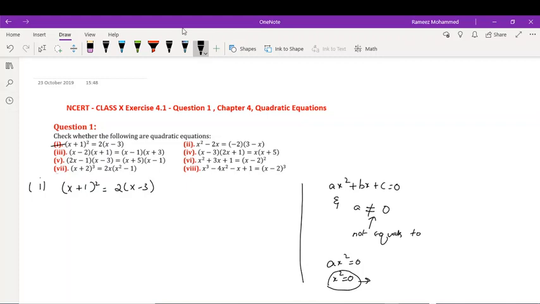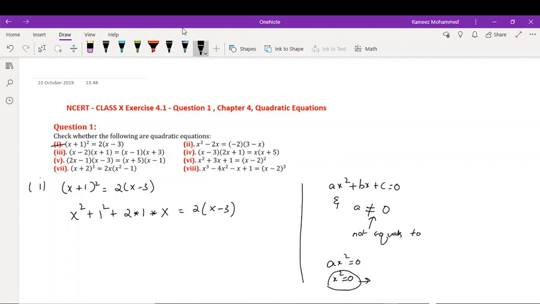Okay, so what is (x plus 1) whole square? It is nothing but x square plus 1 square plus 2 into 1 into x. The formula for (a plus b) whole square is a square plus b square plus 2ab. That's what I have written here, and I'm equating it to 2 of x minus 3.